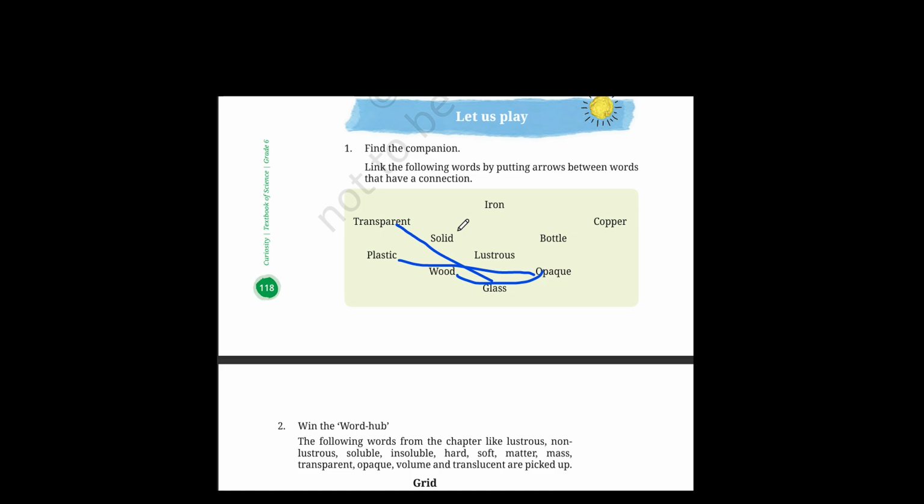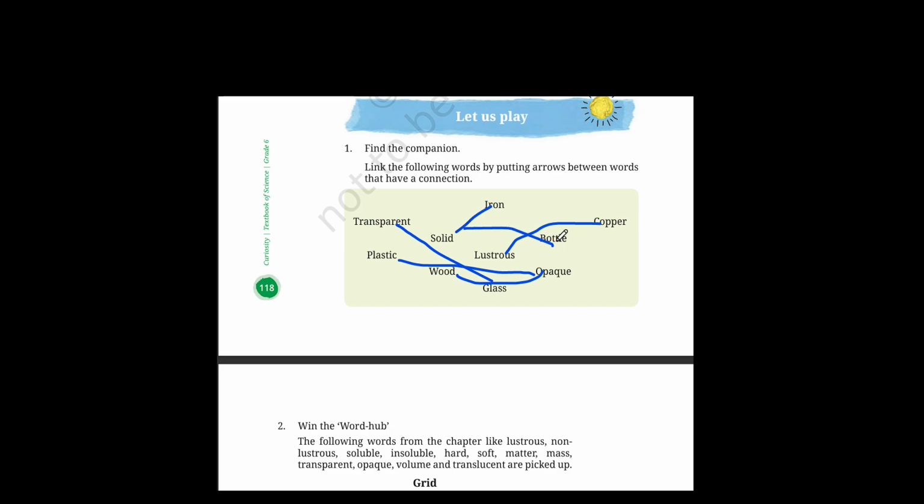Then solid. What is solid? So solid is a property. So we can match it to iron. Correct? Then it is copper. Copper is lustrous. And what is bottle? How do we match bottle? Bottle is also solid.